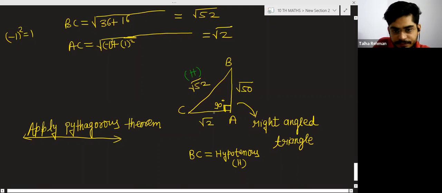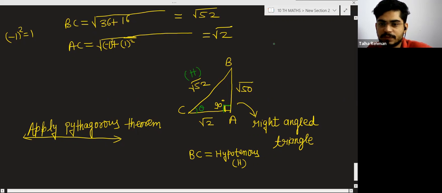And if this angle is theta, if you are taking this angle, you can take this angle. We will discuss this in trigonometry. Have you studied trigonometry in your school, Azaan? Yes, sir.